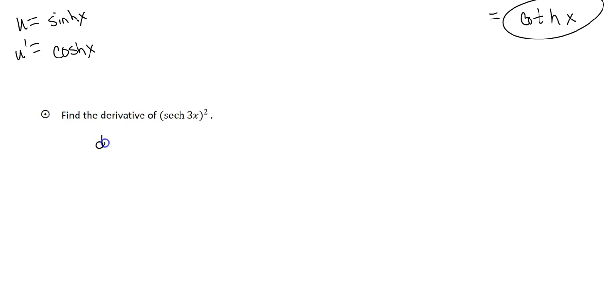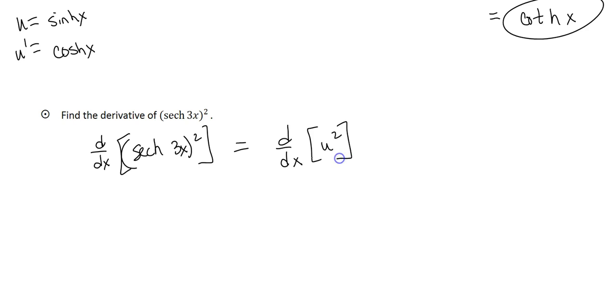For this one, I would be looking for the derivative with respect to x of the hyperbolic secant of 3x, squared. So this is really just the derivative with respect to x of a u squared, which we know is 2u to the first power times u prime.